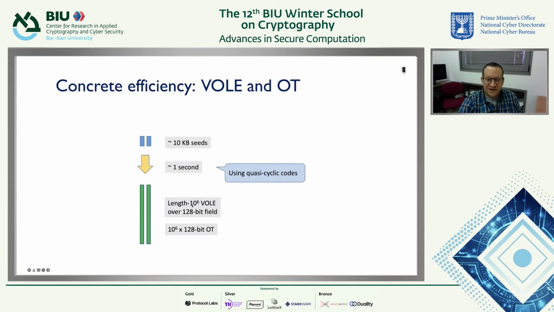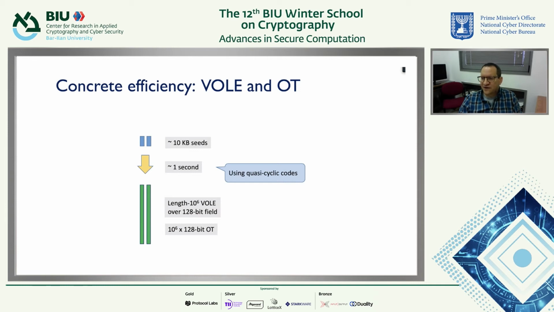So the seeds consist of, again, I'm ignoring now the cost of generating them, I will tell you soon, but for now, just consider the compressed correlated seeds that you need to store for future MPC or 2PC. So it's only 10 kilobytes, and expanding them, at least in our original works, took 1 second.